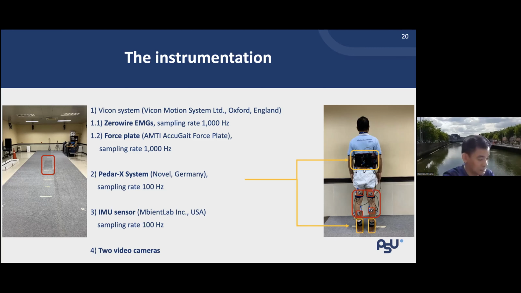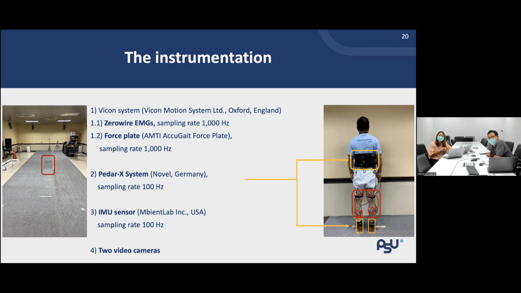Nut analyzed the EMG, and Ta analyzed the IMU. But both of them also compare with the PIDA, because we think the PIDA might be the reference tool.